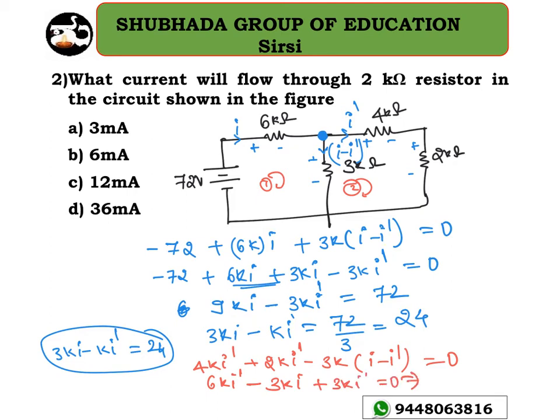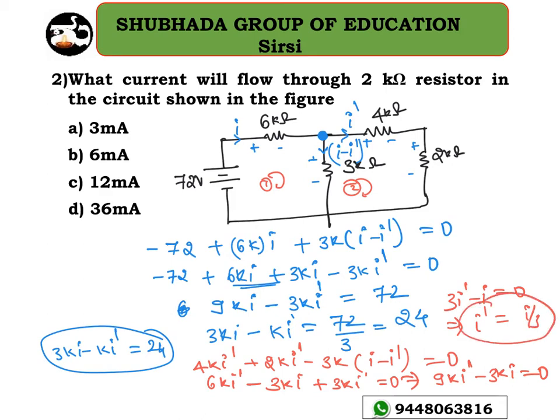It implies 9 times kI dash minus 3kI equals 0. So if I take 3 common there, as well as k is also common, how much will I get here? 3 times I dash minus I equal to 0. It implies I dash equals I by 3.